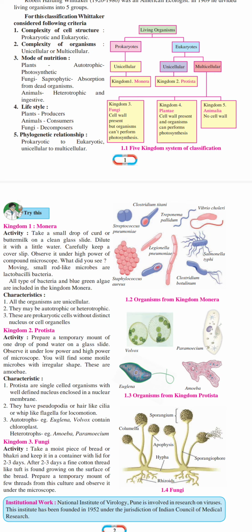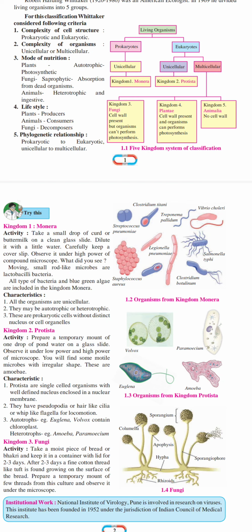Now the second thing is Protista. Here you have to observe: if you go into a pond, you have seen a lot of the time your legs get a kind of cut.